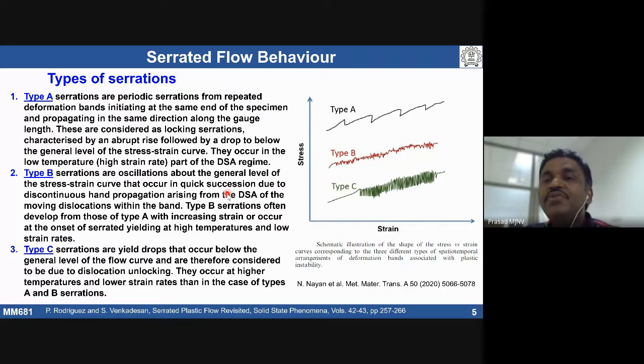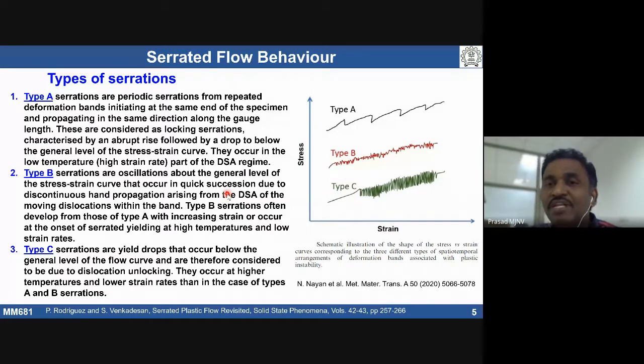So one has to avoid these plastic instability conditions. Is it clear? You have to change the strain rate and temperature of deformation so that we do not see this kind of solute and dislocation interaction.